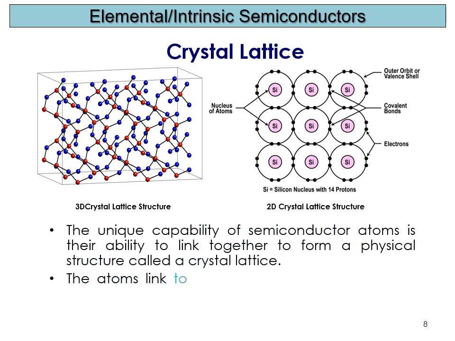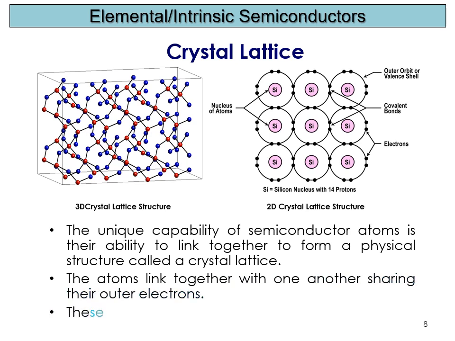Elemental intrinsic semiconductors. This is the crystal lattice for silicon. We can see in here the silicon shares the valence electrons to have a stable arrangement. The unique capability of semiconductor atoms is their ability to link together to form a physical structure called a crystal lattice.